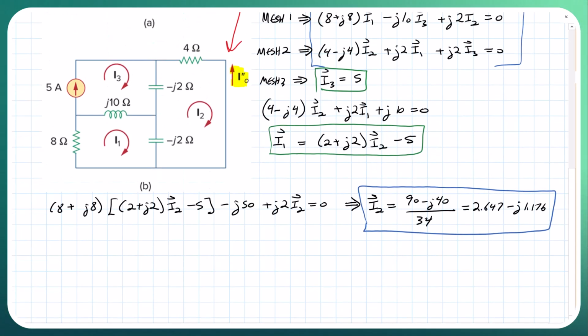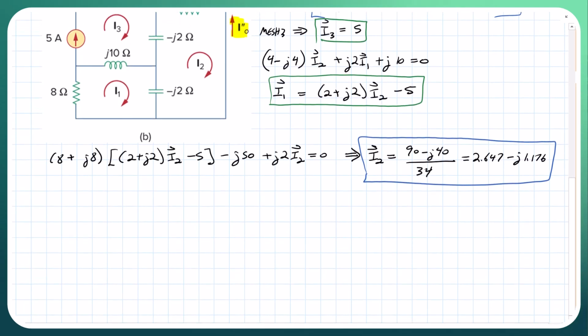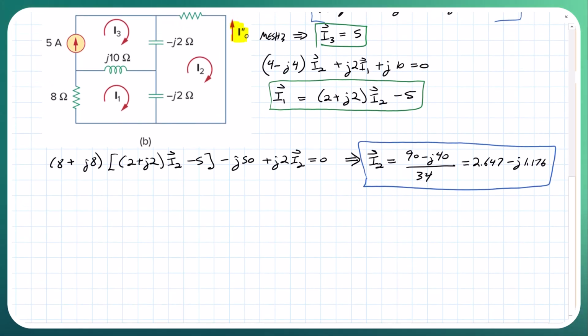So we have I naught prime equal to this value up here, but we know that I2, as previously done in the mesh analysis, is really going to be the negative version of I naught double prime.